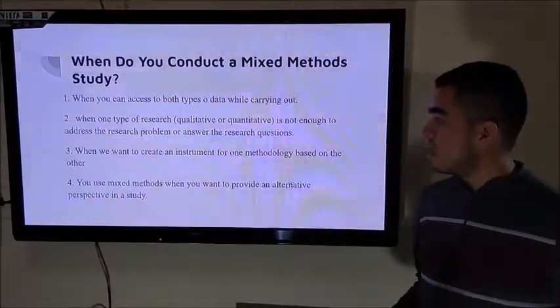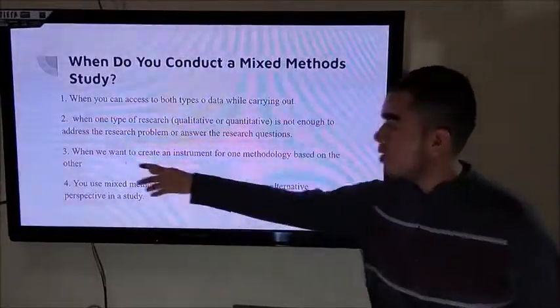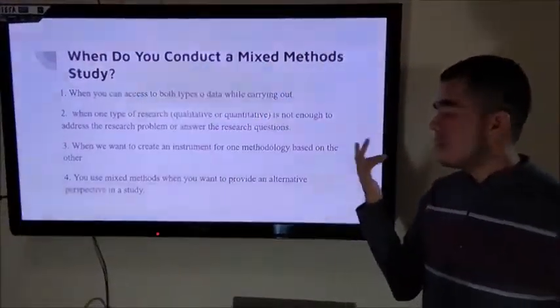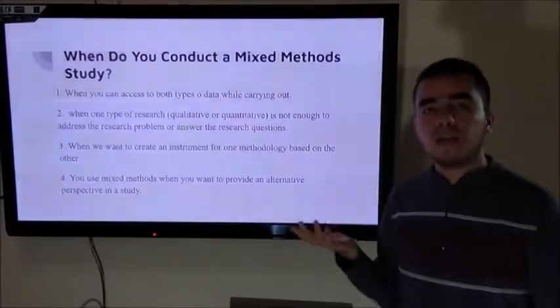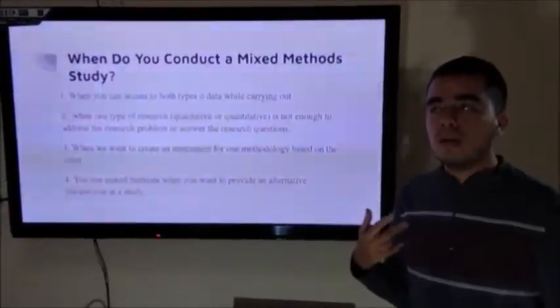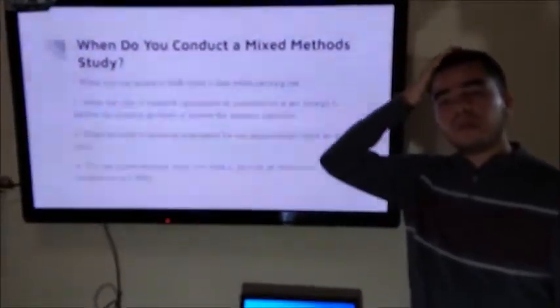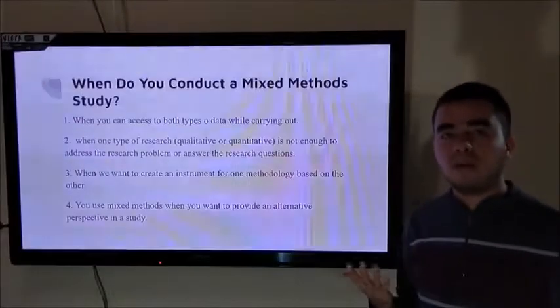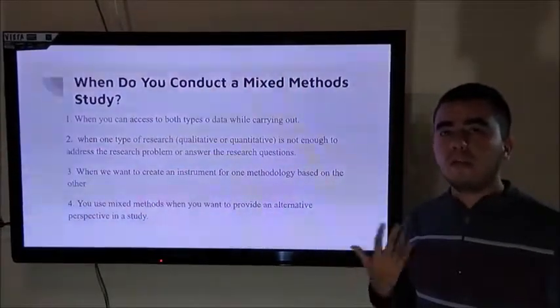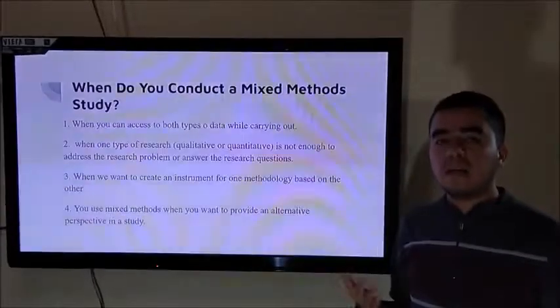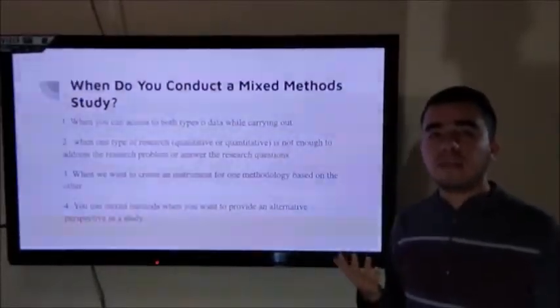This is related to the theoretical characteristics, but sometimes it is better to use quantitative or qualitative methods to construct the instrument to gather the information. For example, you want to make a very good survey with questions that people feel comfortable with when it is implemented.